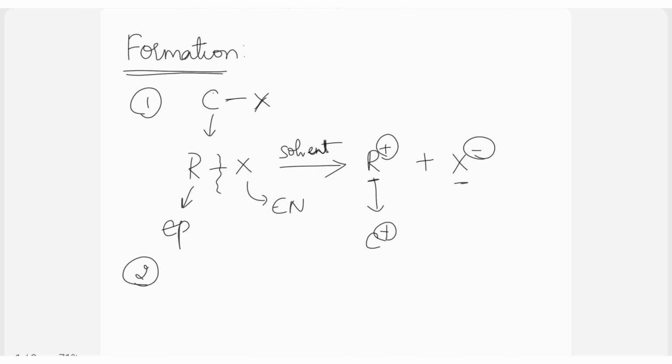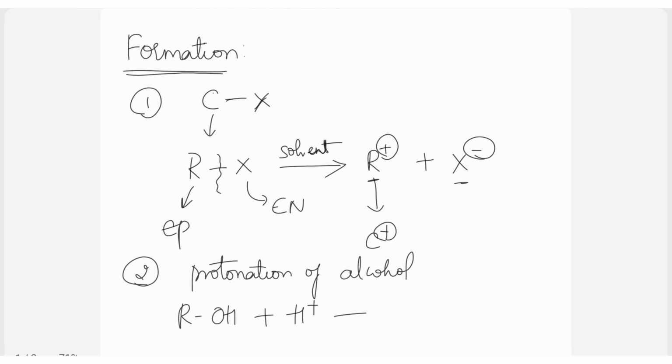And if we look at the protonation of alcohol, it means addition of a proton to alcohol. So we take ROH as alcohol, then we add H plus. What is H plus? An electron deficient species. Obviously OH has 2 lone pairs. What it will do is donate a lone pair to the H plus. So obviously we are going to get ROH2 plus.